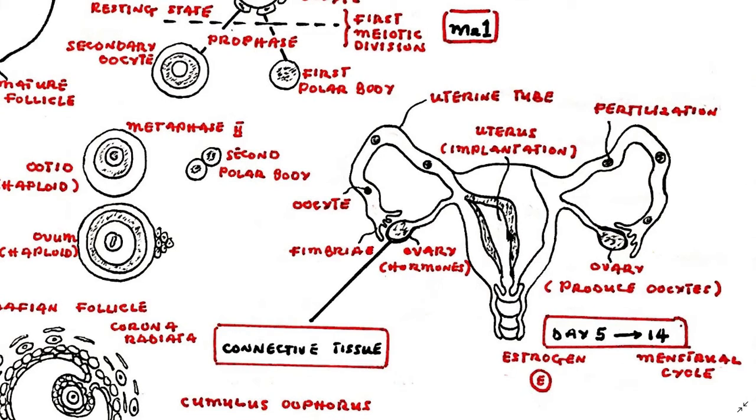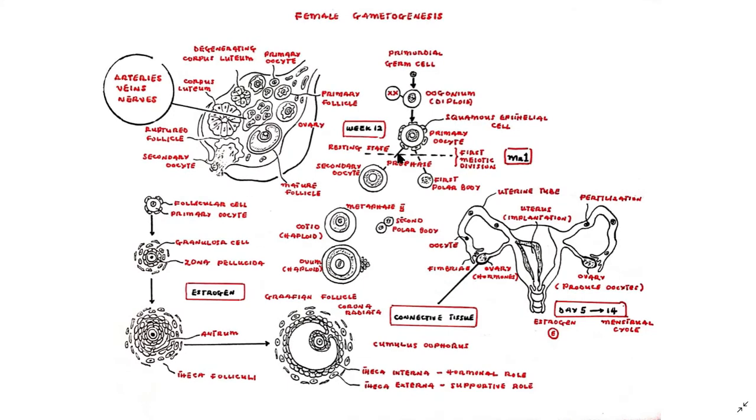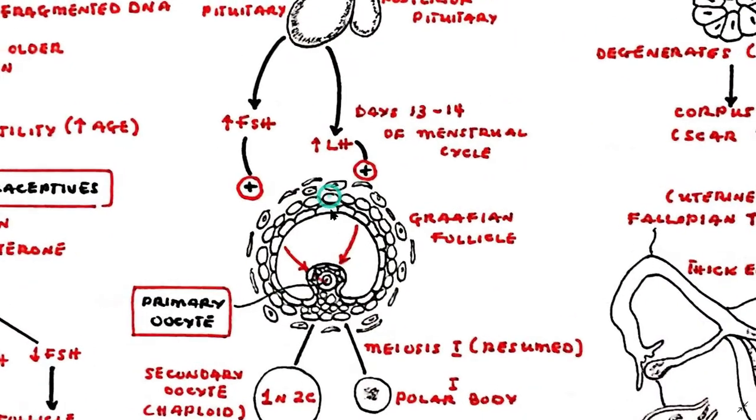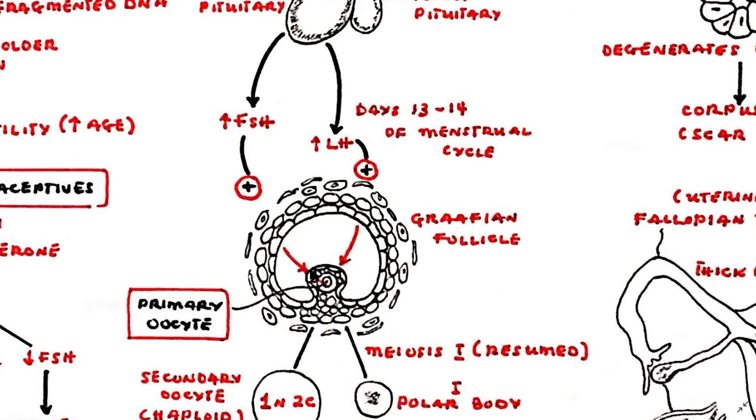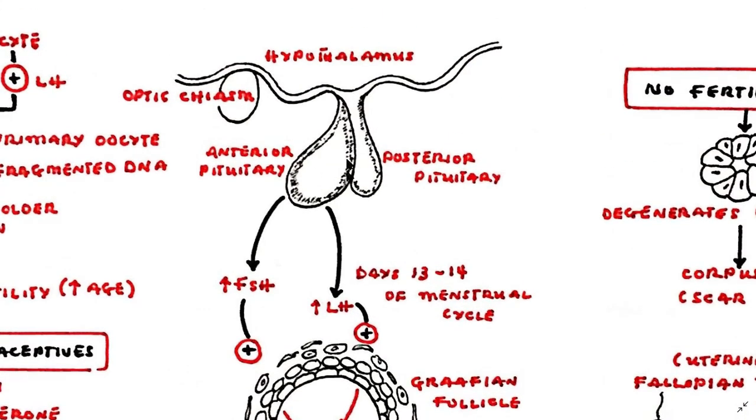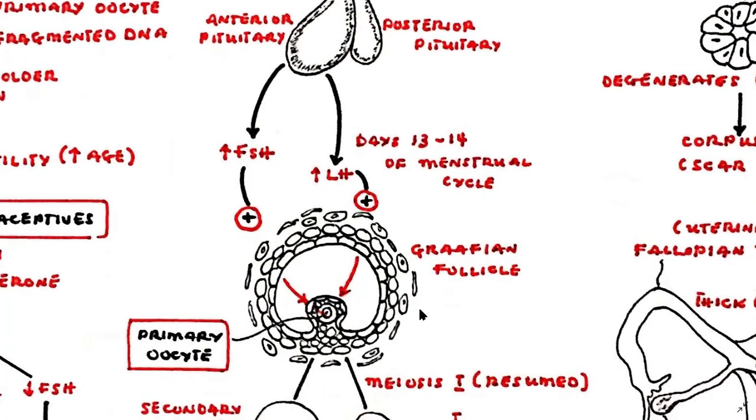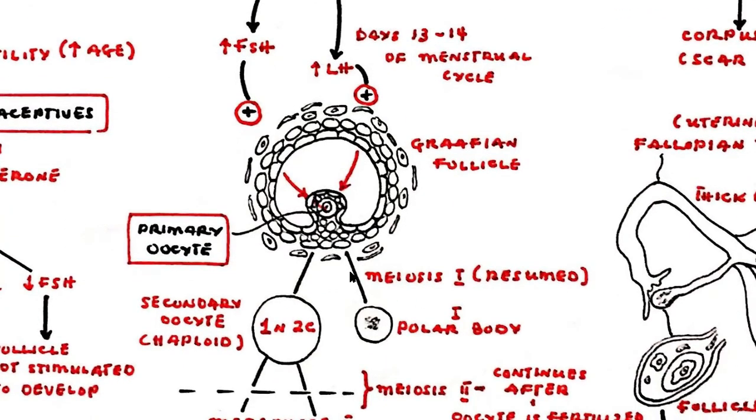This occurs from days 5 to 14 of the menstrual cycle. The primary oocyte of the Graafian follicle responds to surges in follicle-stimulating hormone, or FSH, and luteinizing hormone, or LH, which is produced by the pituitary gland on days 13 and 14 of the menstrual cycle, by resuming meiosis 1 and continuing cell division.